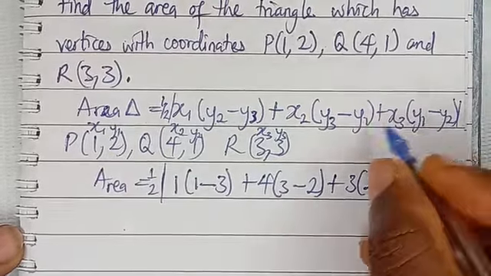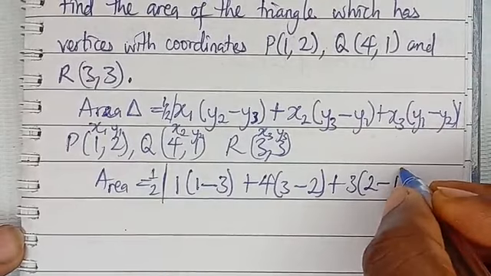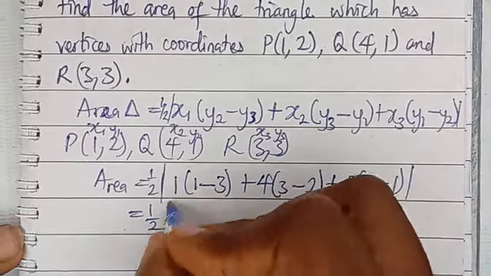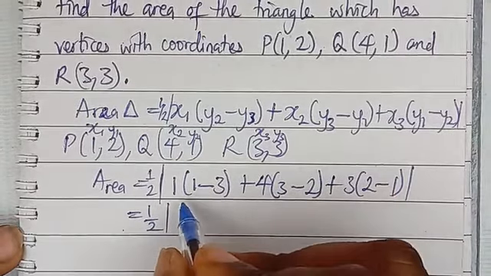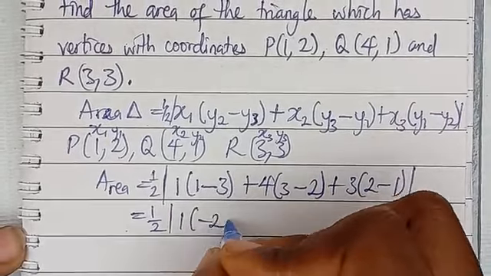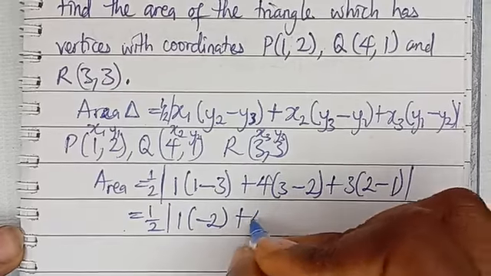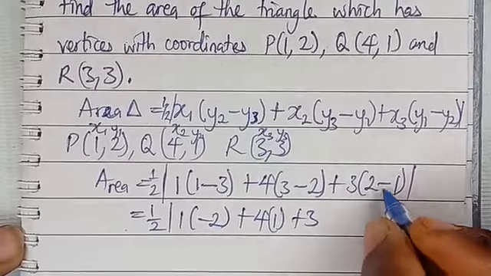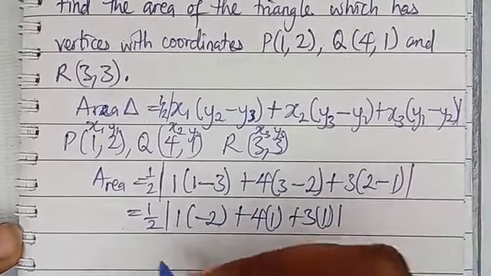And then minus y2, which is 1. Equal to half of the absolute value. We have 1 outside the brackets. 1 minus 3 is negative 2. And then plus 4 into 3 minus 2 is 1. Plus 3 into 2 minus 1 is 1.